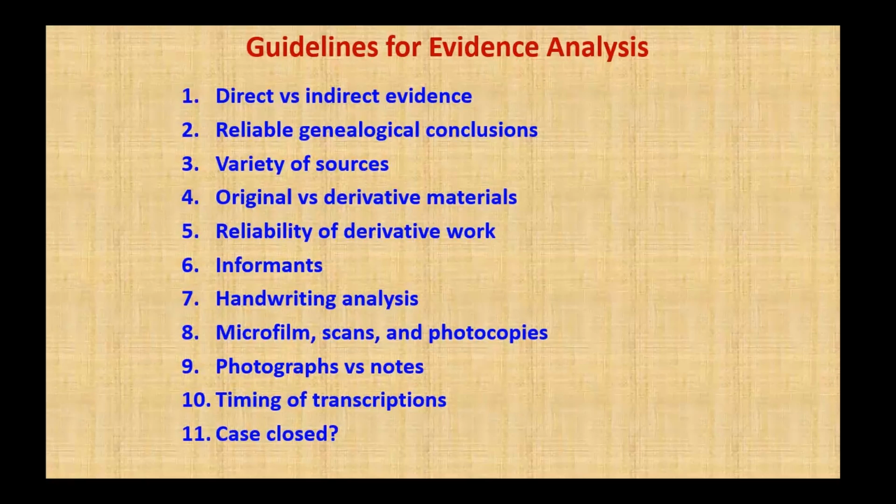Handwriting analysis can help establish identity, date, and authenticity. Microfilm, scans, and photocopies are usually more accurate than handwritten or typed transcriptions and abstracts. Readable photographs of tombstone inscriptions are more accurate than handwritten notes.